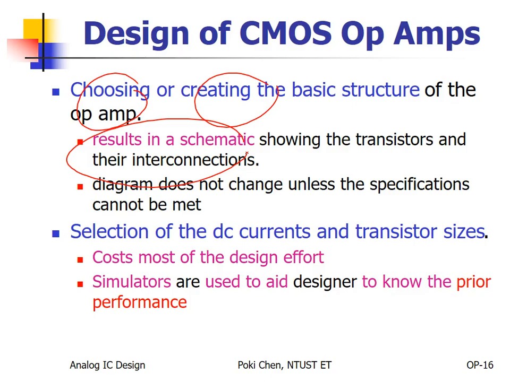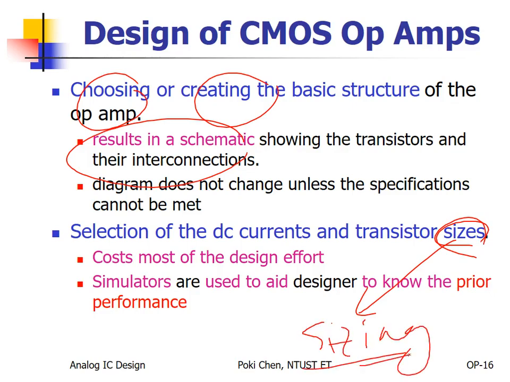And then you need to do sizing. Usually that is a noun, but you can make it an adverb. So we call it sizing. It means to adjust the size of the transistors.